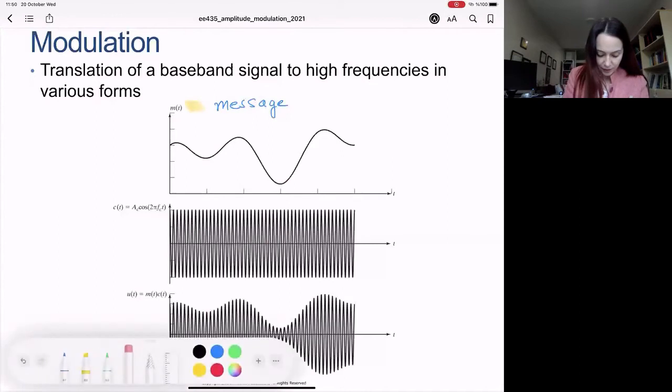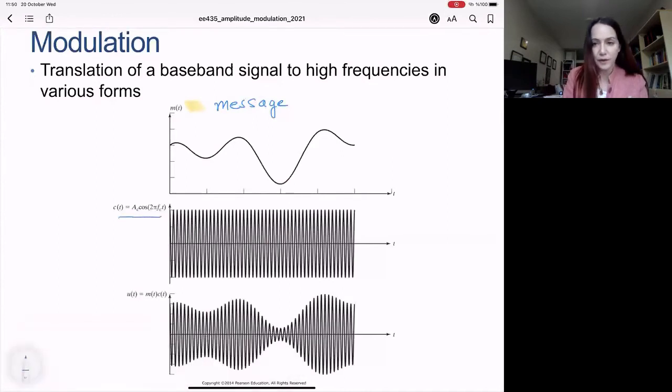As you can see, the carrier is a sinusoid at much higher frequency compared to the message. You can see that the message is changing slowly, and the carrier wave is oscillating very fast. FC here is called the carrier frequency.